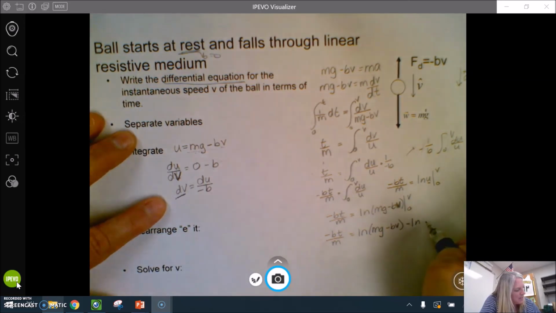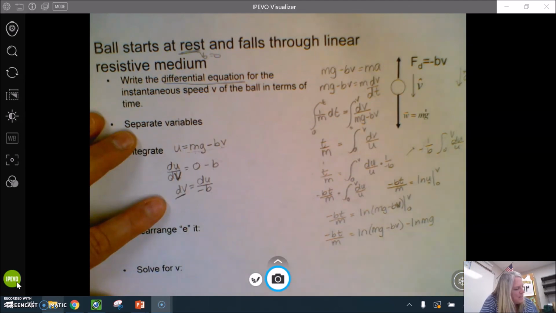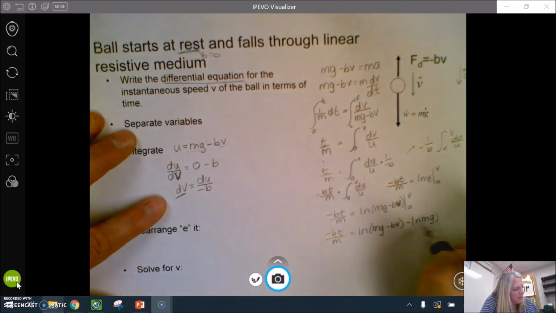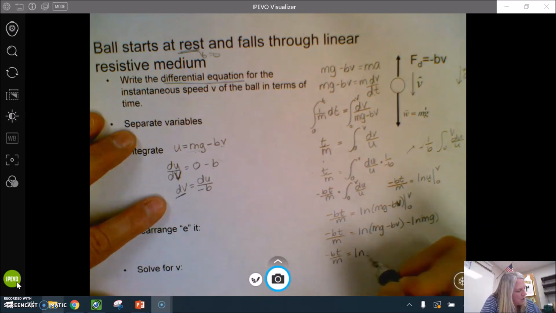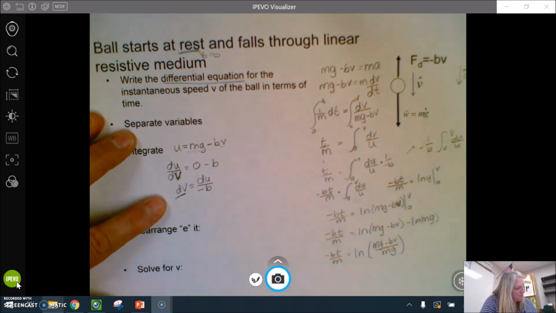That term goes away, and then that's just mg. Now, property of logs, when we subtract logs, that's like dividing. So we get negative bt over m is equal to the natural log of mg minus bv divided by mg.